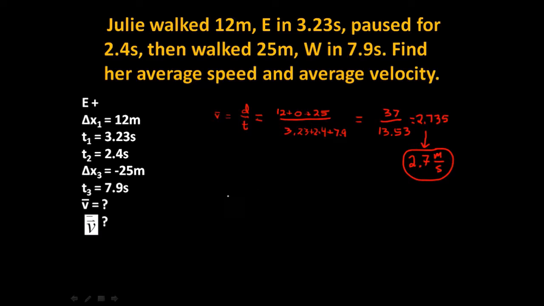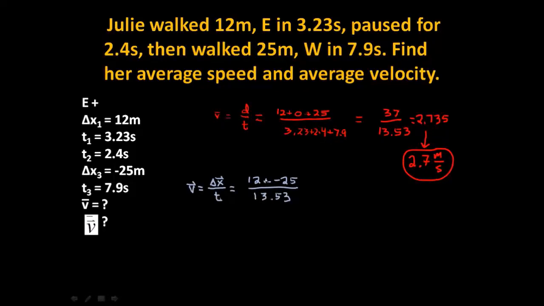But what about that second question, the average velocity? Well, the average velocity is going to be the total displacement divided by the total time. Displacement is a vector, and so that means we will have to consider positives and negatives. So we would write 12, I'm going to skip the plus 0, plus negative 25. Now that's our total displacement. The total time is the same as it was before. It's still 13.53 seconds.